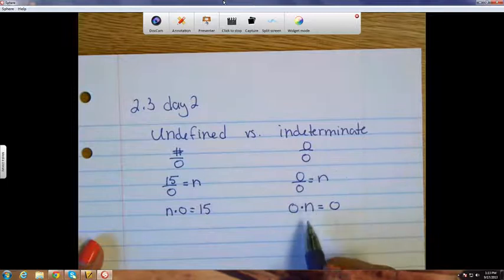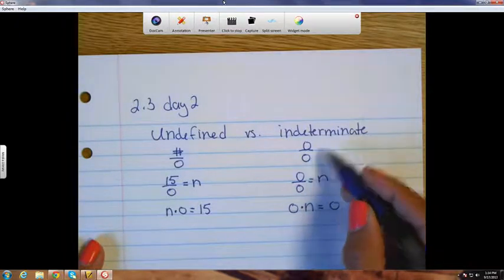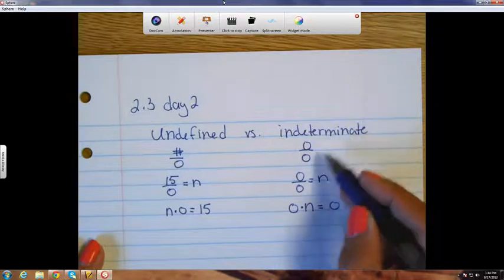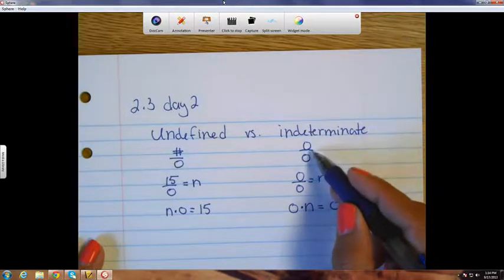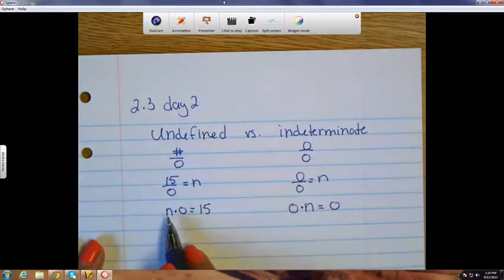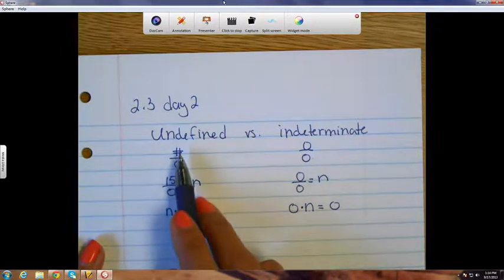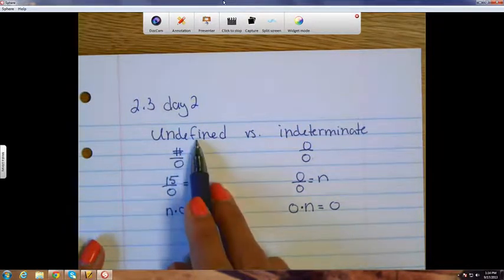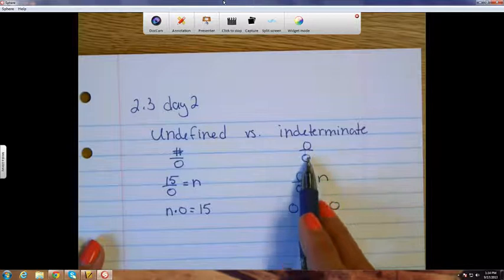Well, is there a number in your world multiplied by 0 that gives you 0? Yeah, all kinds of them. There are lots of solutions here. So the solution cannot be determined because there are so many of them. That's why 0 over 0 is the indeterminate case. Here there isn't a number, so it's undefined. So a number divided by 0 is undefined. 0 divided by 0 is indeterminate.